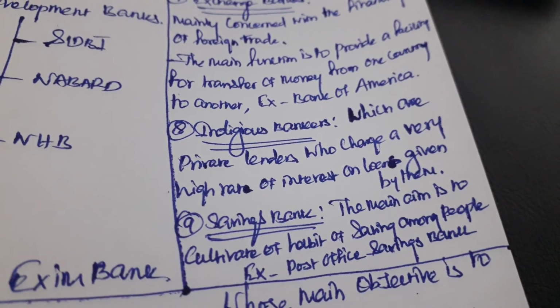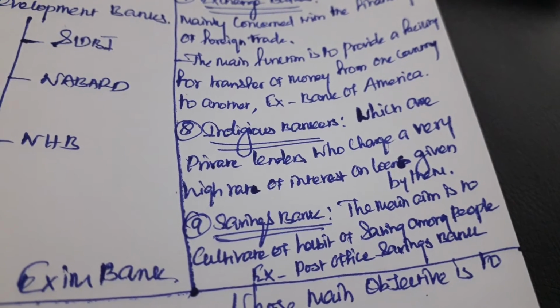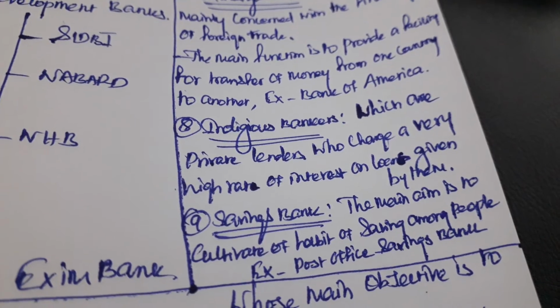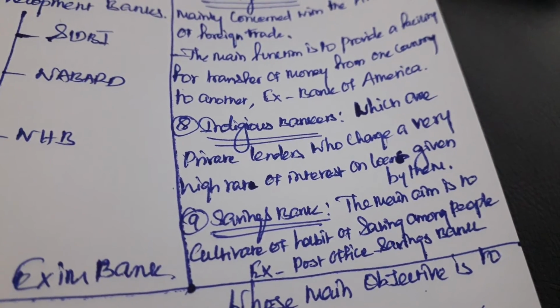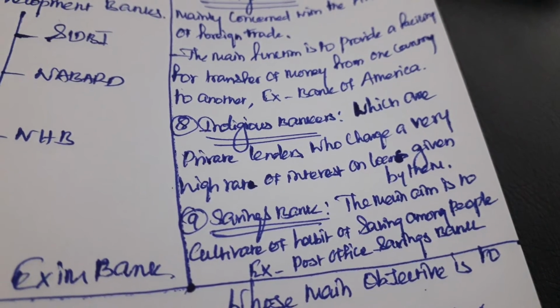The next one is the indigenous bankers, which are private lenders who charge a very high rate of interest on loans given by them. They can be individuals or entities.